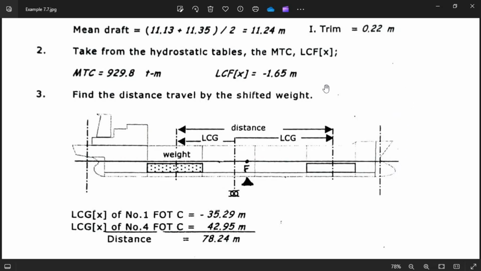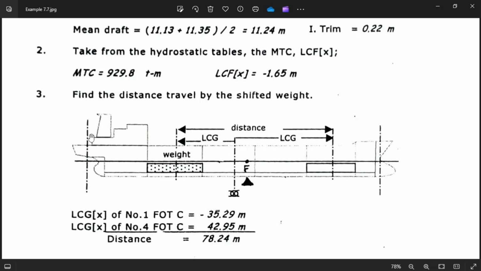When you put the weight on FOT number 4, the aft part will sink because you added weight. So it's a pendulum.